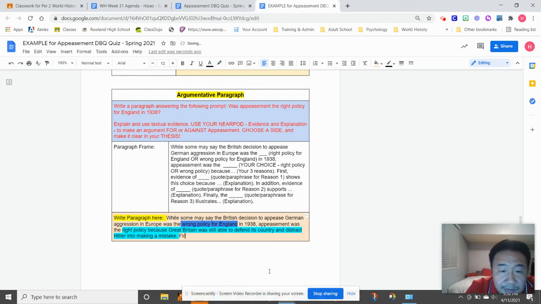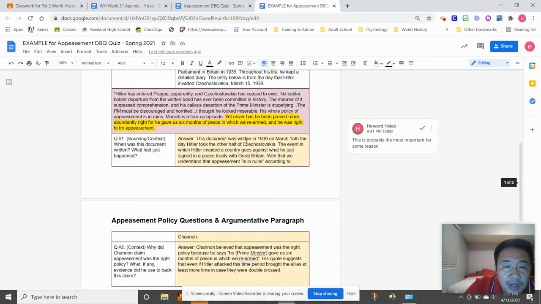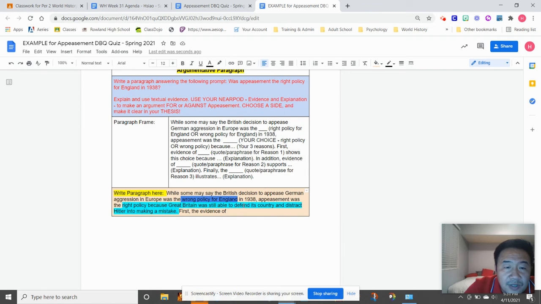So first, the evidence of, and then we're going to use S1, and so we only have one sourcing here, one quote here. "Yet never has been proved more abundantly right, for he gave us 6 months." So we'll use that for the first, the evidence of, and then we're going to quote.